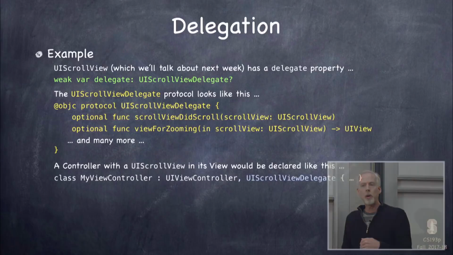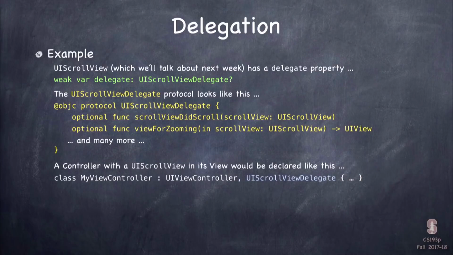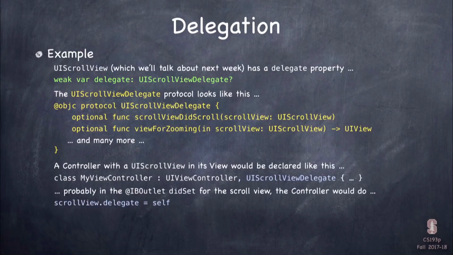So now the controller comes along, my view controller, and it puts comma UI scroll view delegate on the end and it's claiming I implement that protocol. Then probably in its outlet setter, we'll see an example of this today, when that scroll view gets hooked up by iOS, in the did set of that, it probably says scrollview.delegate equals self.